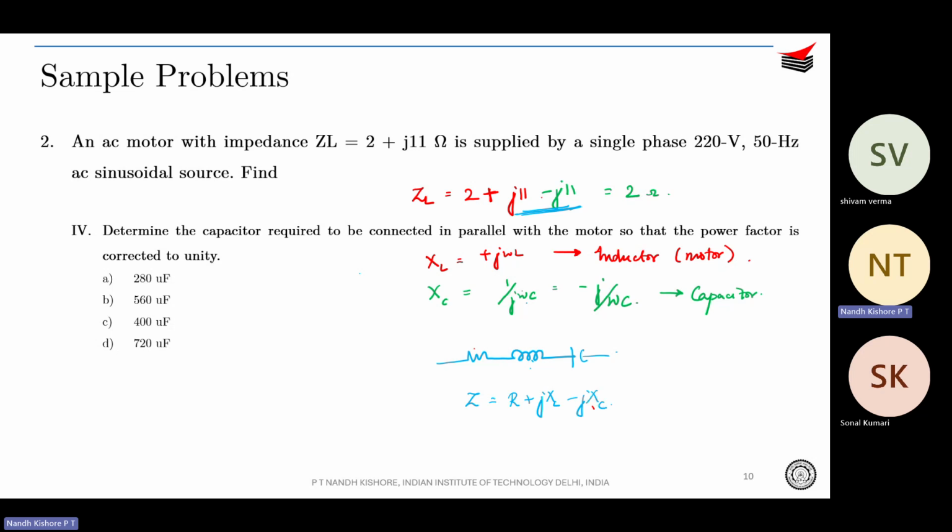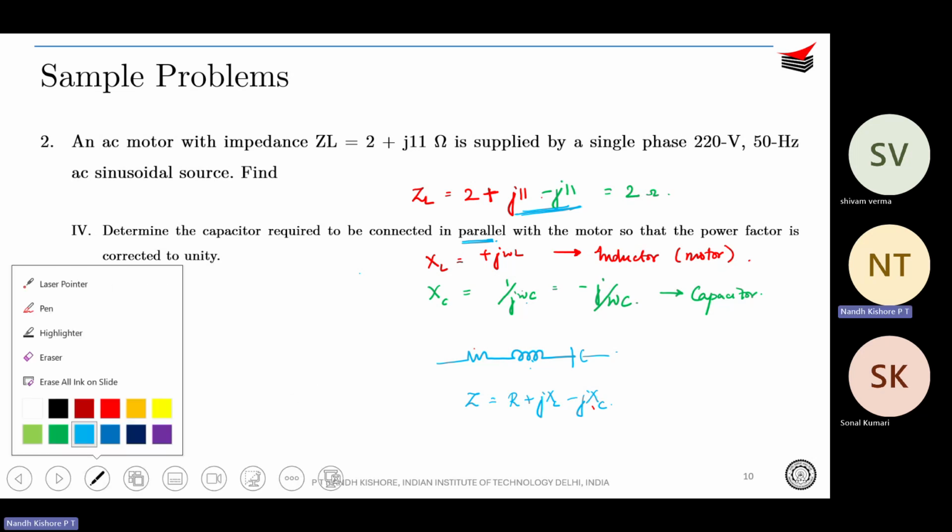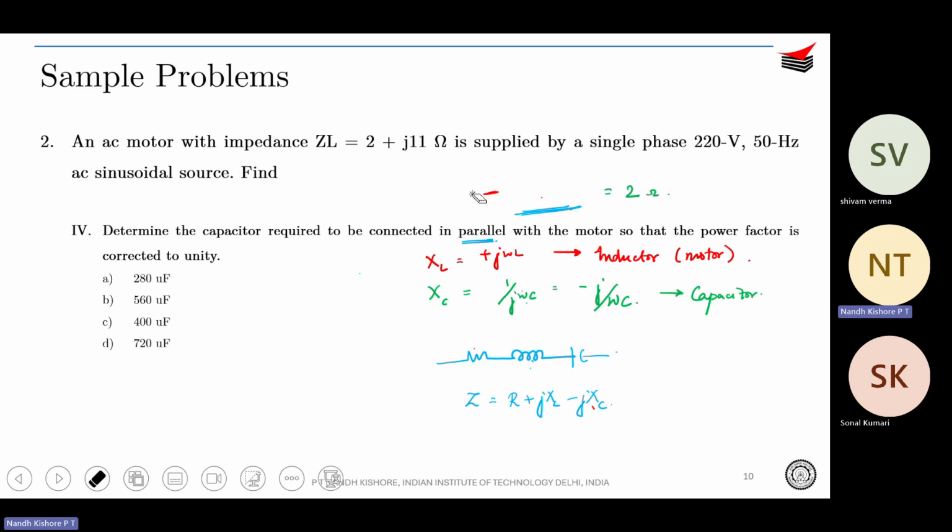So I can directly write 2 plus j11 minus j11. But the question is not whether it's connected in series. The question is it is connected in parallel.